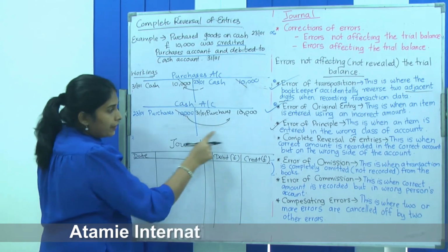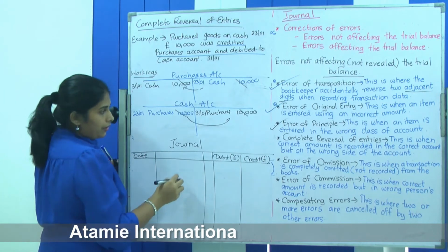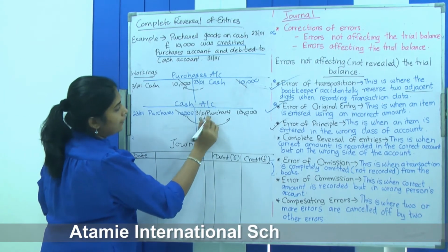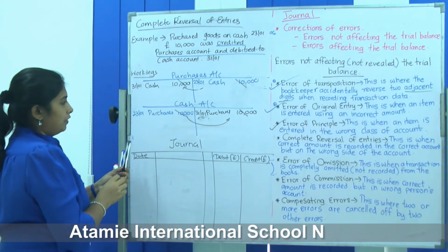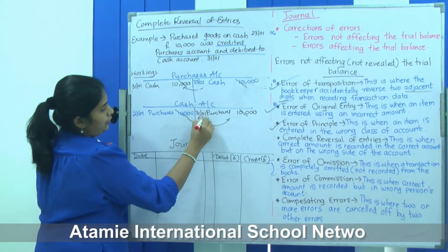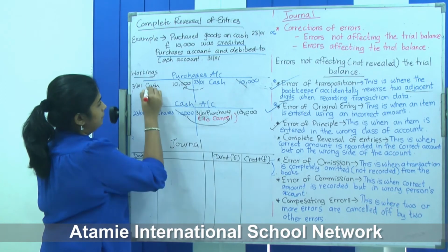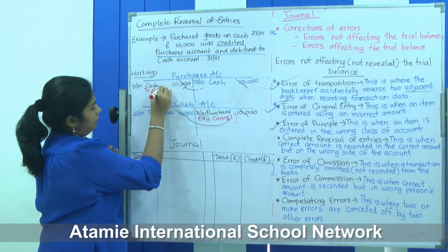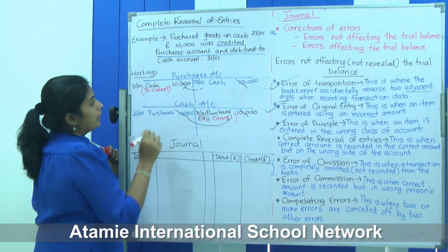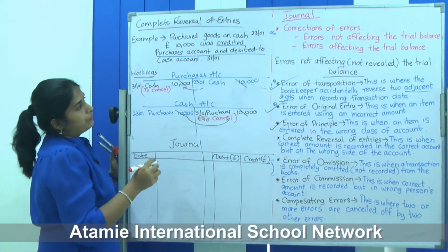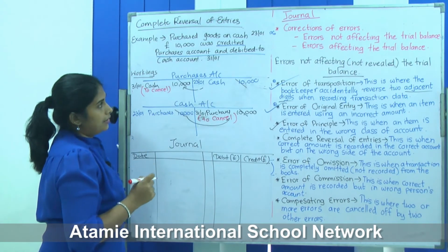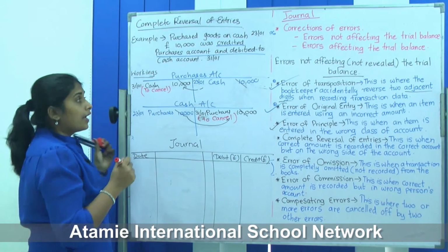So here the first 10,000 will be recorded on the opposite side to cancel. So we cancel the error. Now after you cancel the error, you have to correctly enter.